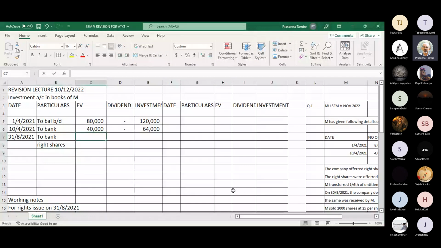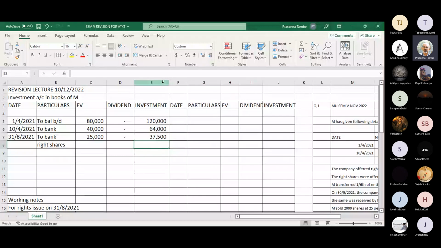2,500 shares multiplied by 10, so face value is 25,000. And the price he got is 15 rupees. So 2,500 into 15 is what he will pay, which will aggregate to 37,500. So the entry will be investment account debit to bank 37,500 for purchase of these rights shares, or rather subscription to these rights shares.